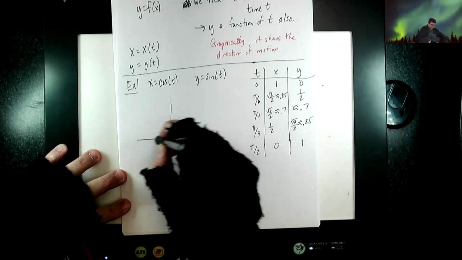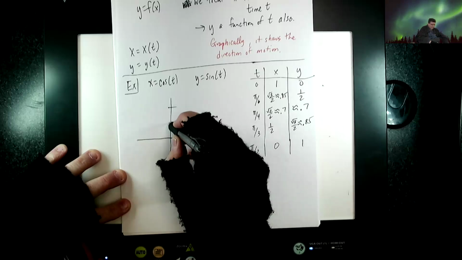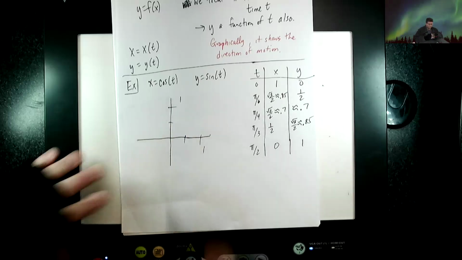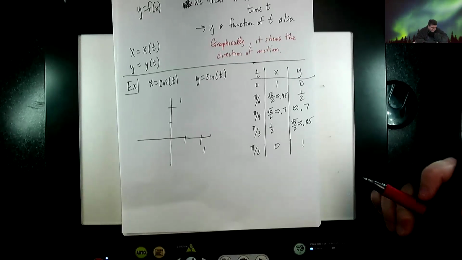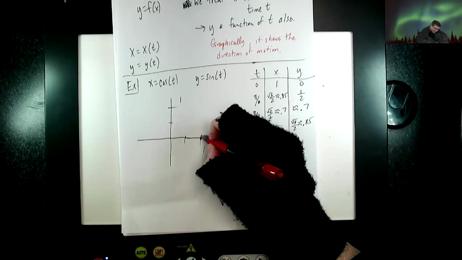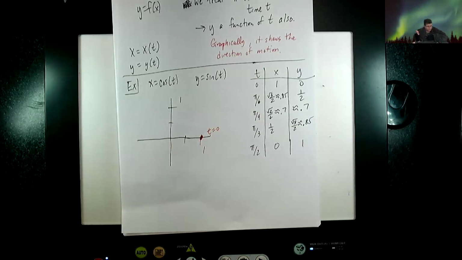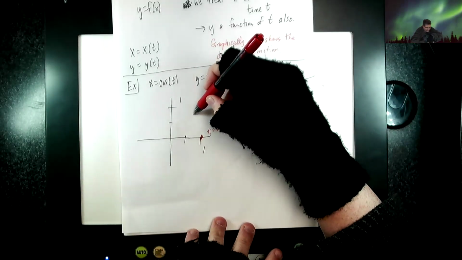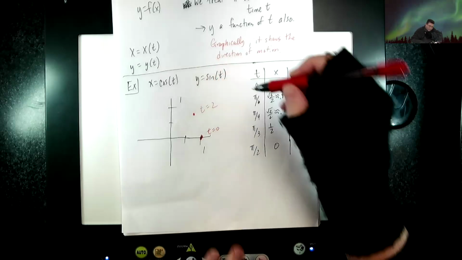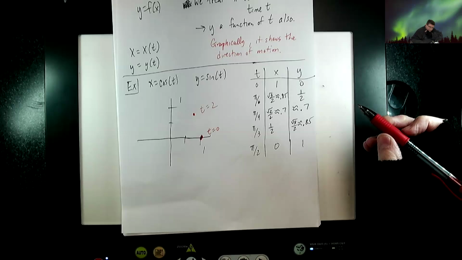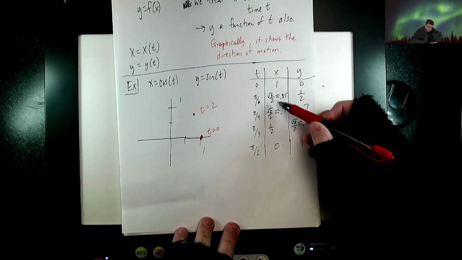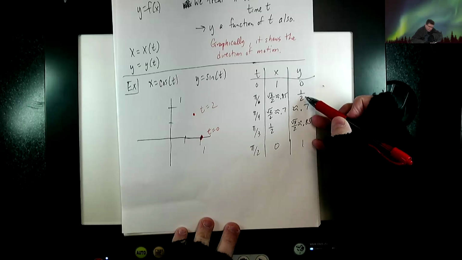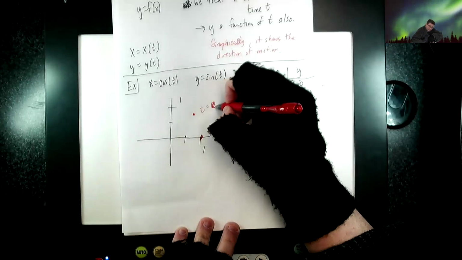What's going on here? At t equals 0, I am at 1, 0. At t equals pi over 4, I'm at about 0.7, 0.7, right about there.